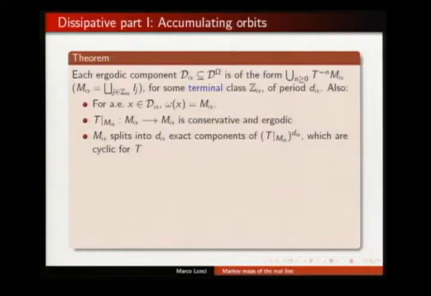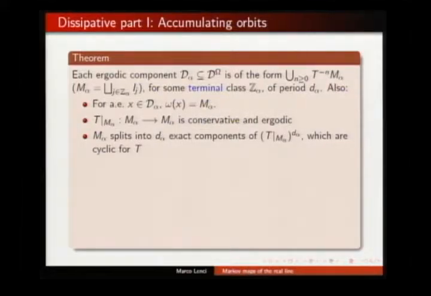And these are associated, in general, to terminal classes of period d alpha in such a way that for every point in this component of the dissipative part, the omega limit set is your M alpha, which is the part which is associated to an essential class, okay? And on M alpha, the map is conservative ergodic, and it splits into d alpha exact components, which are cyclic.